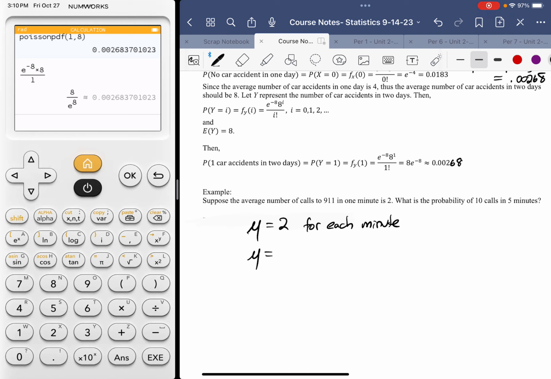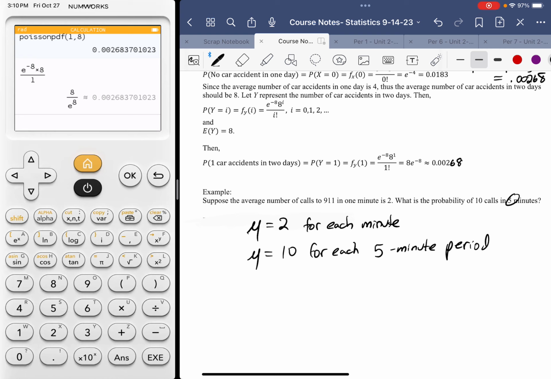So if we're going up to 5 minutes, we'd multiply that by 5. There should be 10 for each 5-minute period. So I want to know what the probability is of getting 10 calls in 5 minutes. Oh, I wrote 10-minute period. I meant 5-minute period.